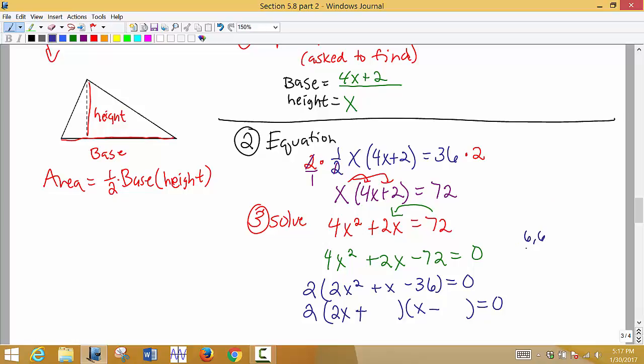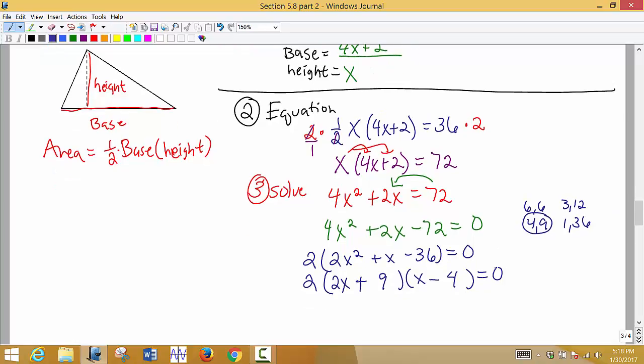We have 36 is 6 and 6, 4 and 9, 3 and 12, and 1 and 36. And I'm going to go with 4 and 9. I'm going to put the 9 here and the 4 here.